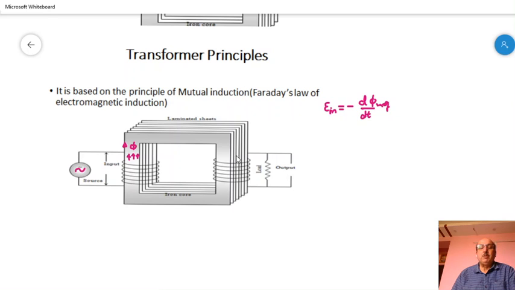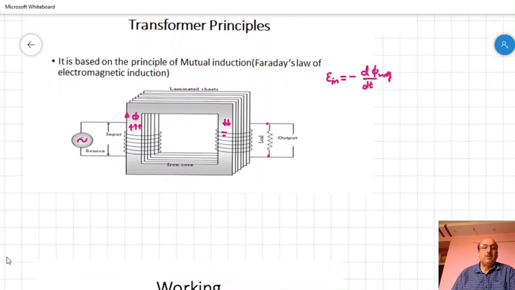This induced EMF comes into the secondary coil. Because the change in magnetic flux will produce induced EMF, and this induced EMF comes across the load, we will get the output voltage. Right?